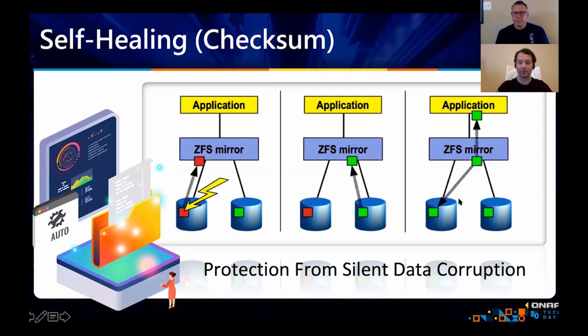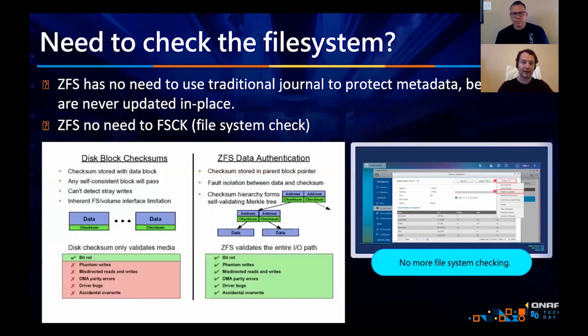It has healed from that silent data corruption. So it uses checksum to detect the corruption, and it uses your RAID redundancy to heal the corruption, and it does it automatically. What that means is, first of all, your data is a lot safer, and also, if you had a power outage or something, you don't need to run a check file system. The healing is just automatic.